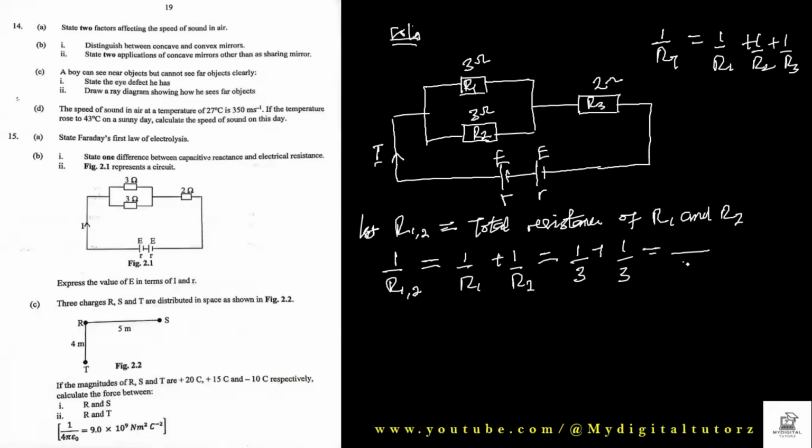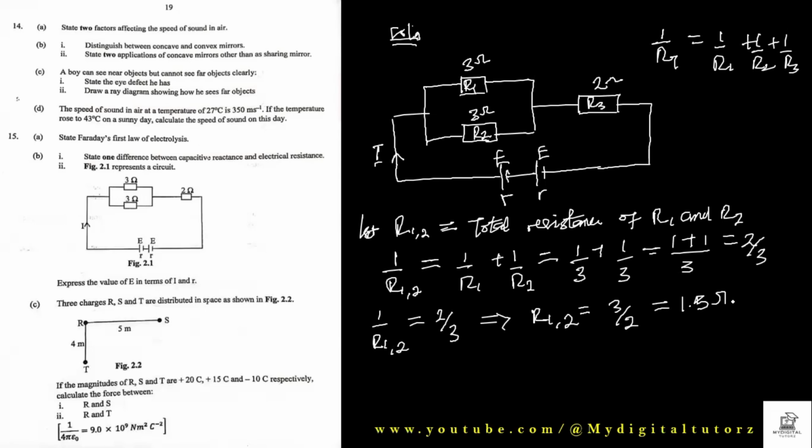The LCM here is 3, so that is 1 plus 1, which gives us 2 all over 3. So 1 over R1,2 is equal to 2 over 3. By the time I cross multiply, R1,2 will be equal to 3 over 2, which will give us 1.5 ohms. So I can redraw the circuit diagram now.